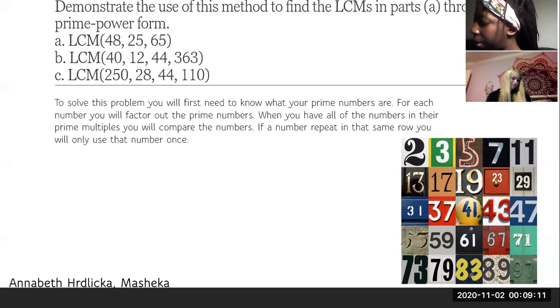So I do have a question for you, Annabeth. I see that there's only a few prime numbers. My question for you is why will the other numbers not be considered prime? Well, for a prime number to be considered prime, it only has to have two factors.